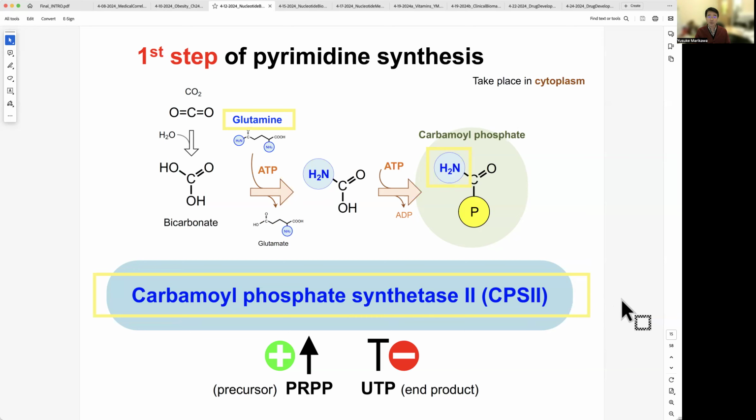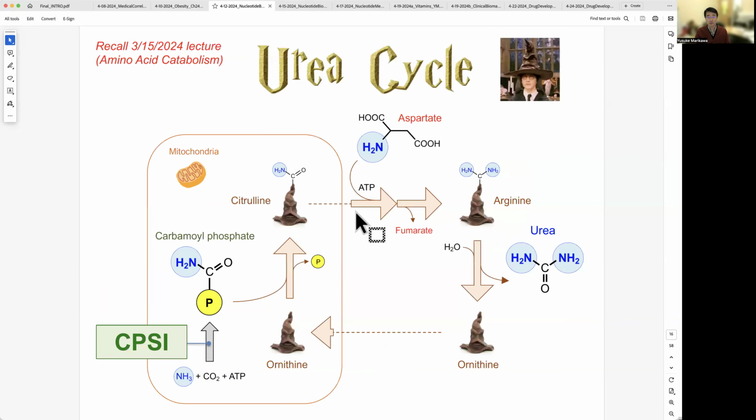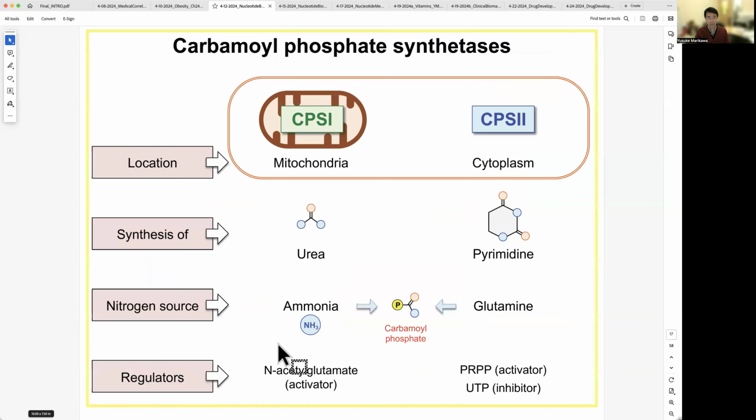This is very similar to CPS1 that you learned in the urea cycle, but there are big differences. Lots of differences between those two, even though they perform a similar biosynthetic process, making carbamoyl phosphate. The location, the ultimate products they make, the nitrogen source, and the regulators are different.